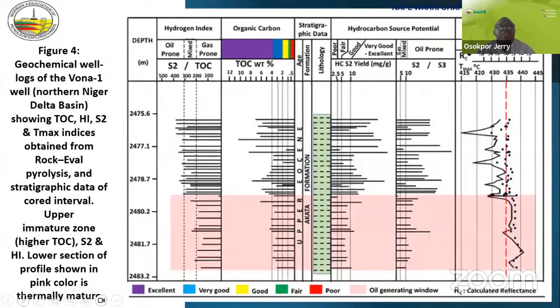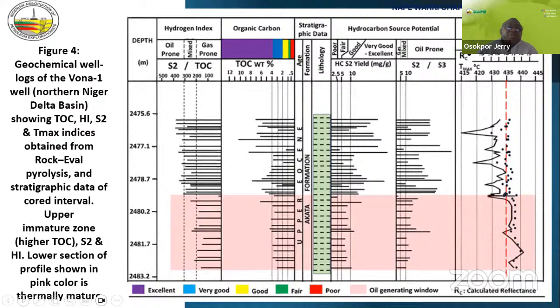Now, all of the data sets generated from primary and secondary evaluations have been presented in this geochemical well log for the well. You can see on the far left the hydrogen index value.